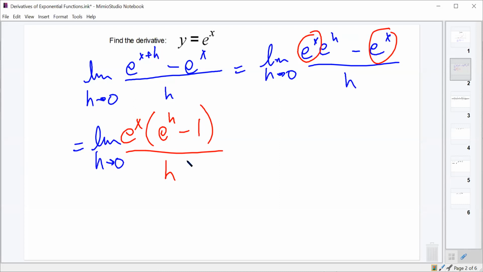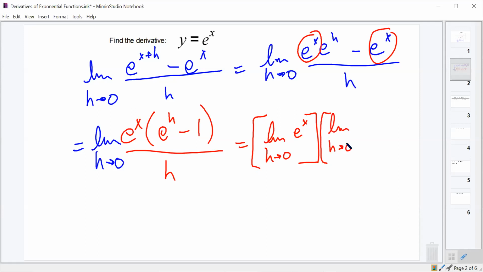What's one thing we can do with limits when I have something multiplied by something else? Shouldn't we be able to separate it into its own limits? Like that?